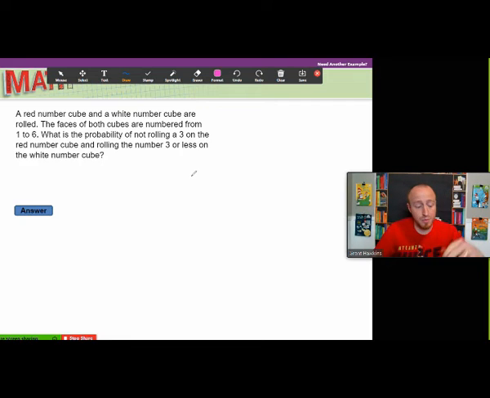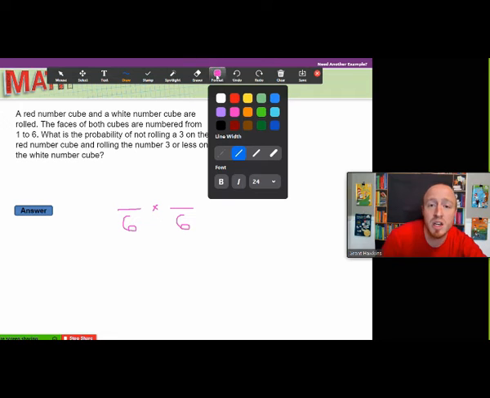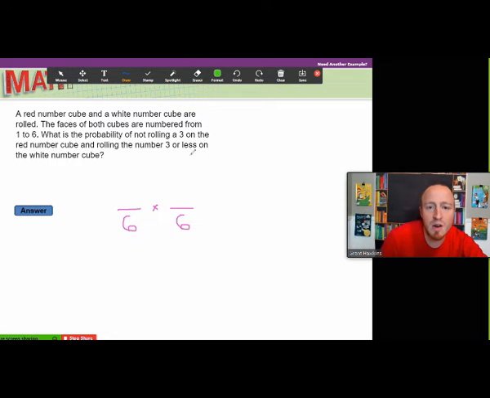So we've got to find the two probabilities and multiply them together. Probability of not rolling a 3. Well, on both dice, there are 6 possible outcomes. Correct? Of course I am. And how many favorable outcomes? Not rolling a 3. Well, there's 1, 2, 4, 5, 6. Who would have thought? All but 1.